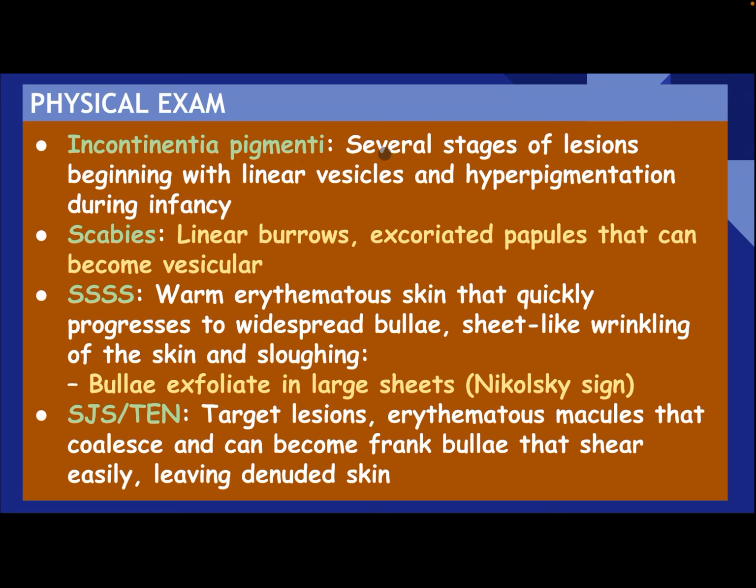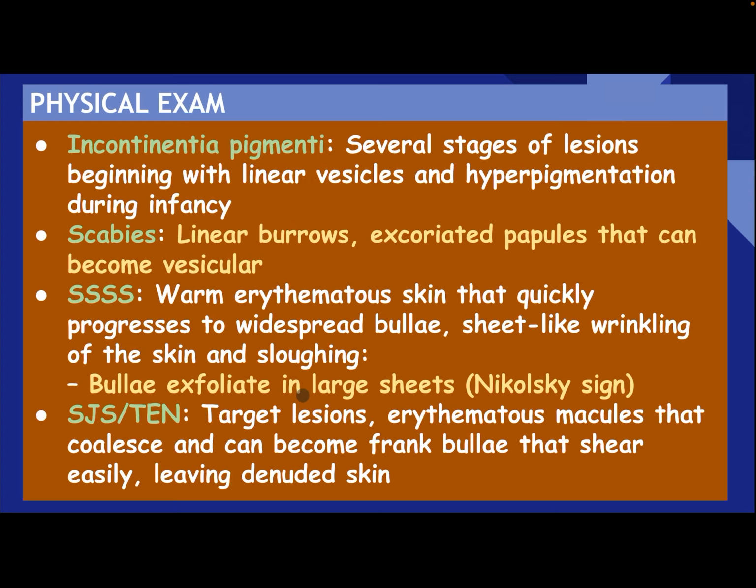Incontinentia pigmenti: several stages of lesions beginning with linear vesicles and hyperpigmentation during infancy. Scabies: linear burrows, excoriated papules that can become vesicular. Staphylococcal scalded skin syndrome: warm erythematous skin that quickly progresses to widespread bullae, sheet-like wrinkling of the skin and sloughing.